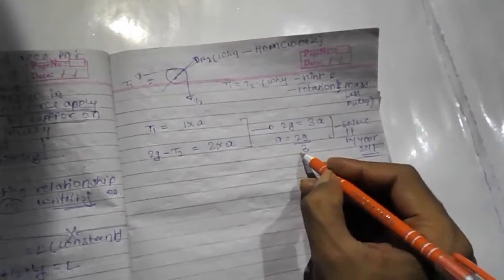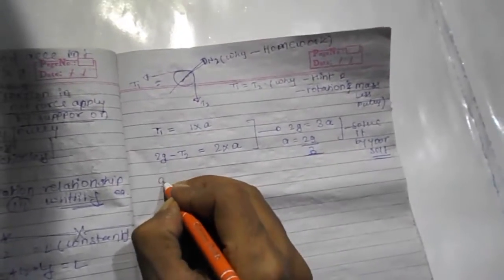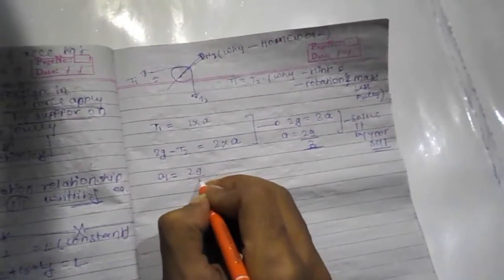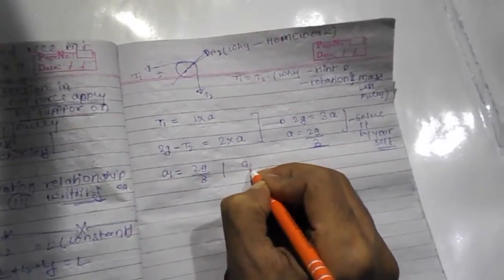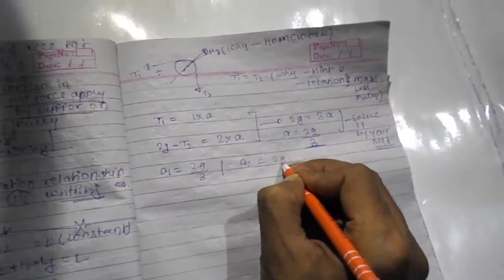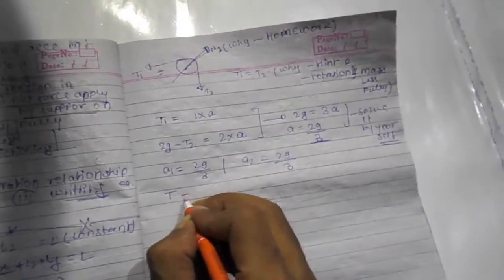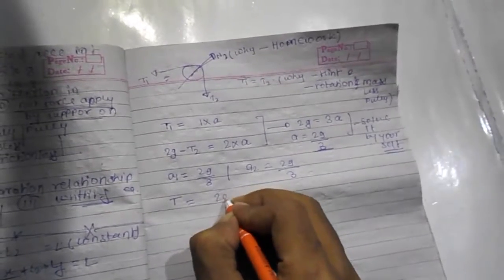Okay, I have found the acceleration. So the acceleration of the 1 kg block is equal to 2g by 3. The acceleration of the 2 kg block is equal to 2g by 3. The tension in the string is equal to 2g by 3.